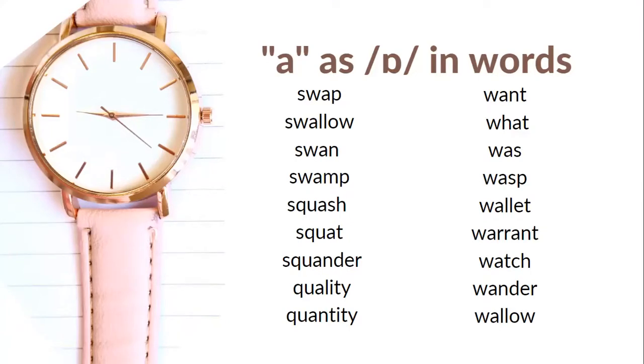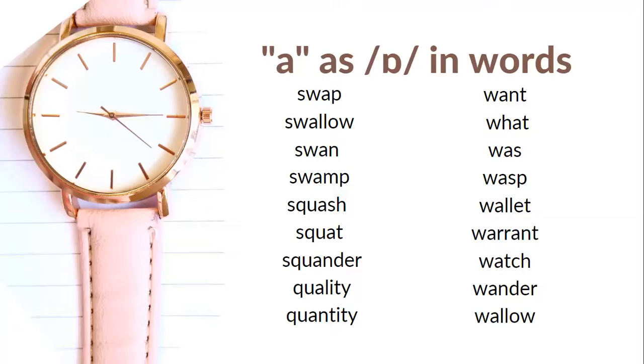So we have letter A given the sound O in words, especially whenever it comes after W and it is not coming before R or L, a single L in a word. Then if it comes after QU, because you would have the W sound for QU.